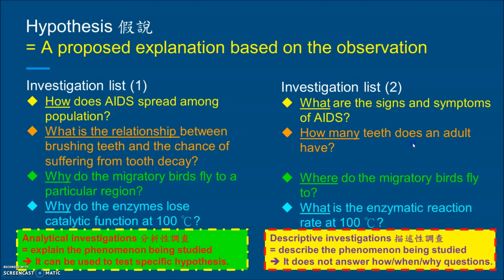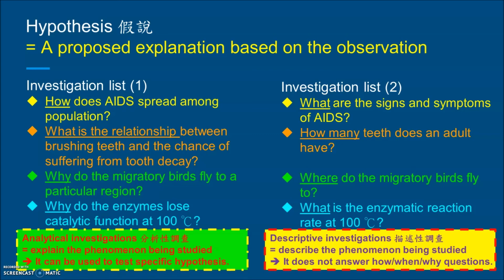How many teeth does an adult have? Do you really need to make a hypothesis about the number of teeth? Oh, I propose that we have 23 teeth, and then we count it. No, if you really want to know the number, we just count it. 1 2 3 4 5 6 ... 28 is the answer. 32 is the answer.